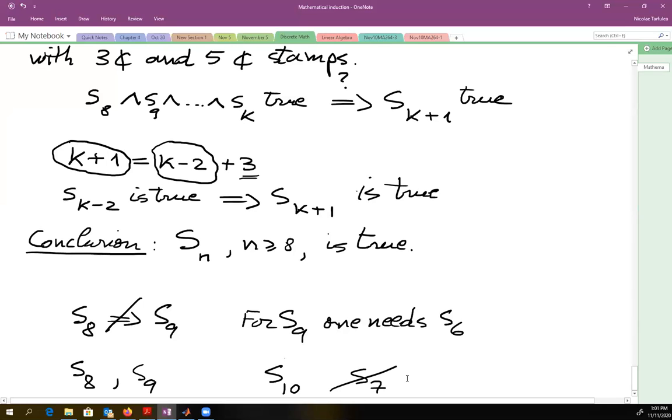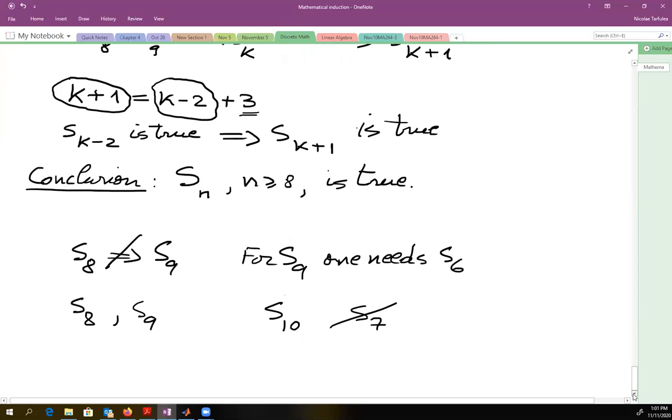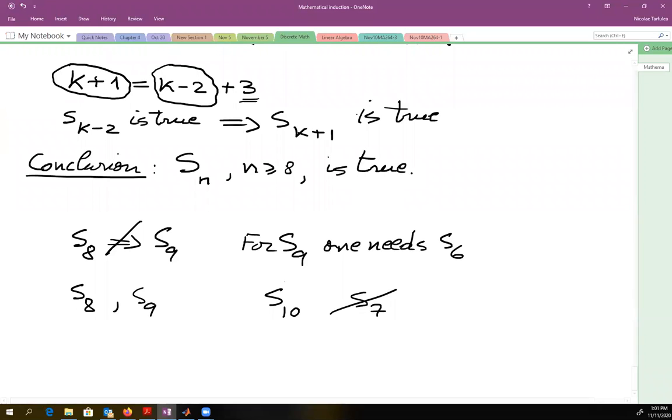But from now on, S11 is doable because it is based on S8, and we already verified S8, so we know that this one is true.